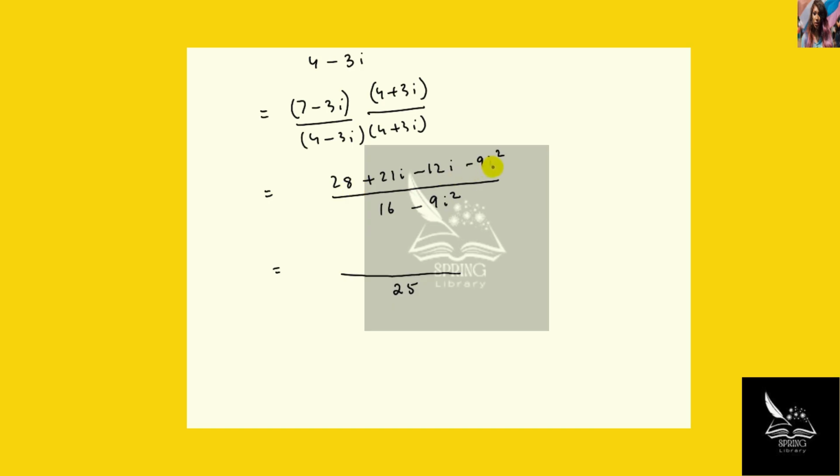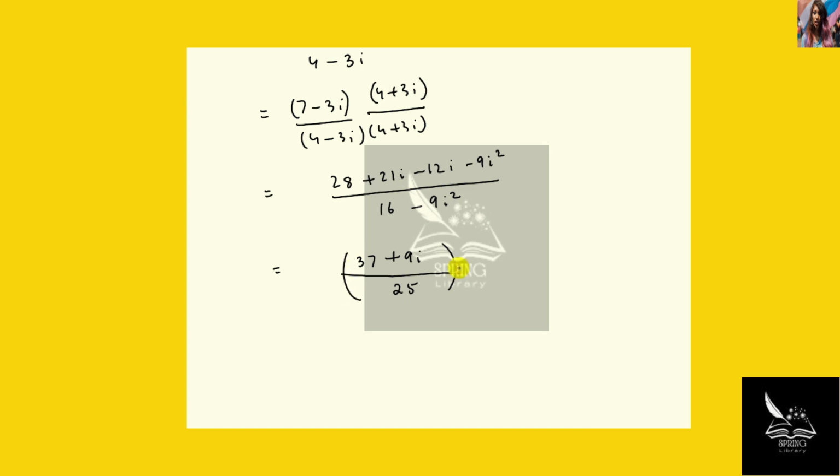Again, i square is minus 1, minus 1 times minus 1 is plus 1, so this becomes plus 9. So 28 plus 9 is 37, and 21i minus 12i is 9i.